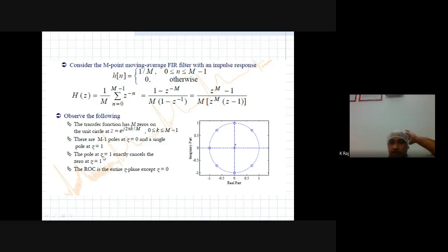The pole at z = 1 exactly cancels the zero at z = 1, the pole-zero cancellation property. The region of convergence is the entire z plane except at z = 0, because at z = 0 the transfer function cannot be defined.